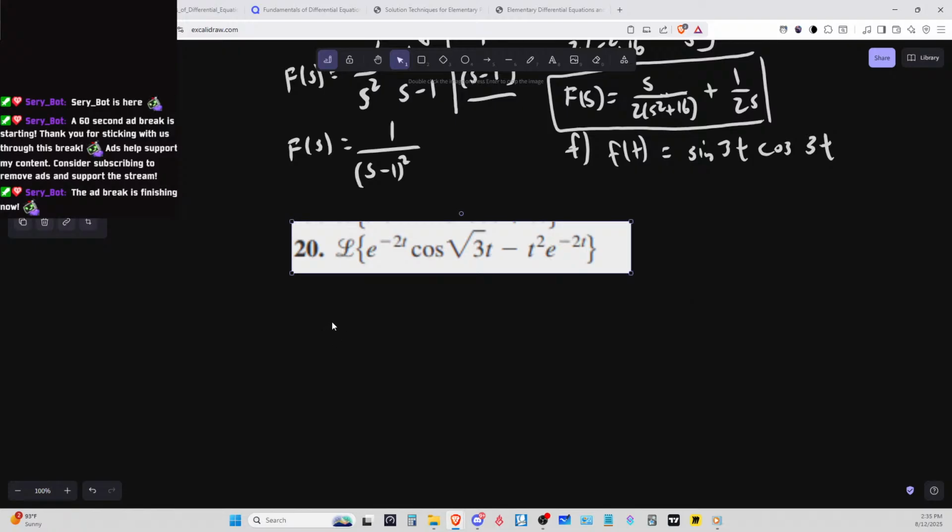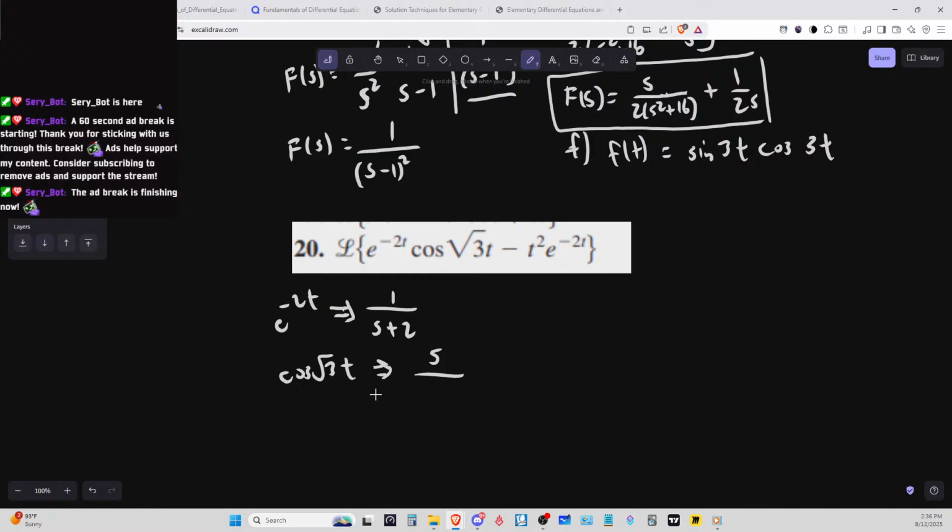Okay, so let's just try what we observed. So we have +2 for e, and then for cosine it's supposed to be s over s squared plus 3.